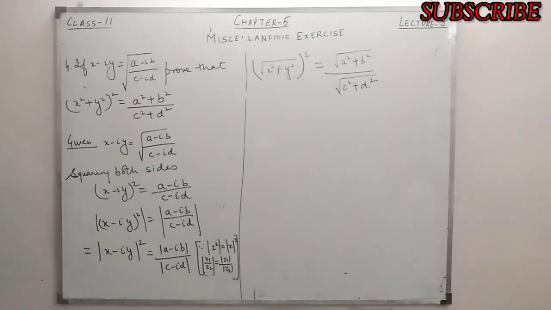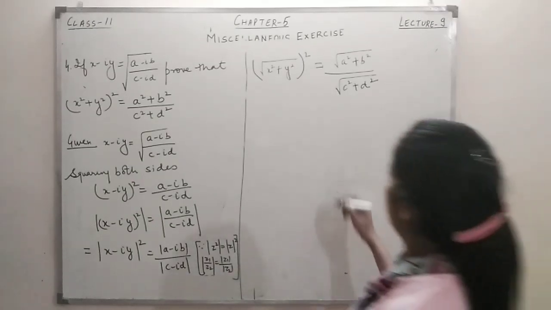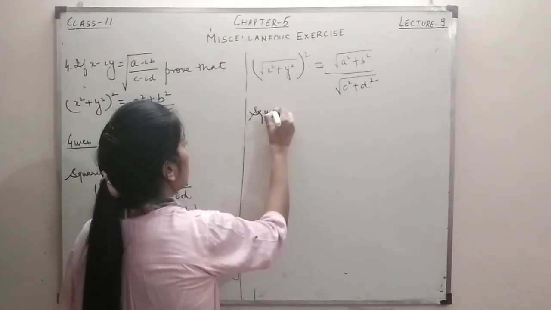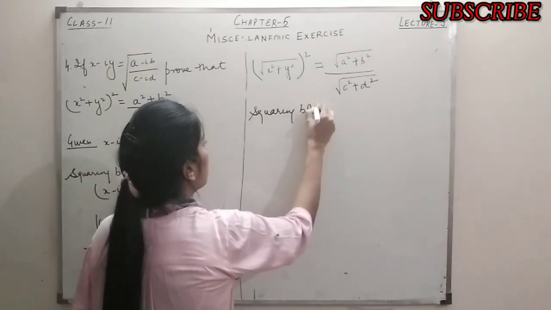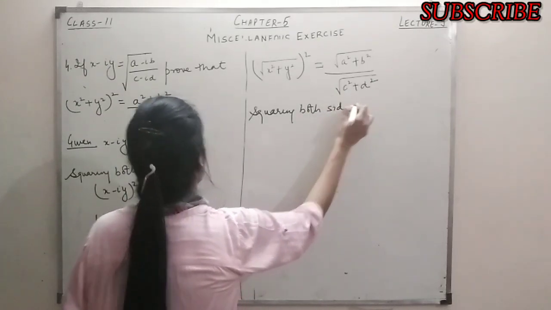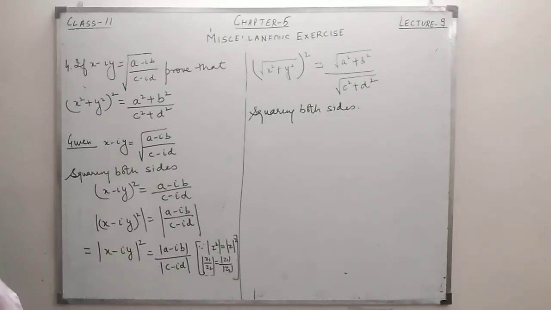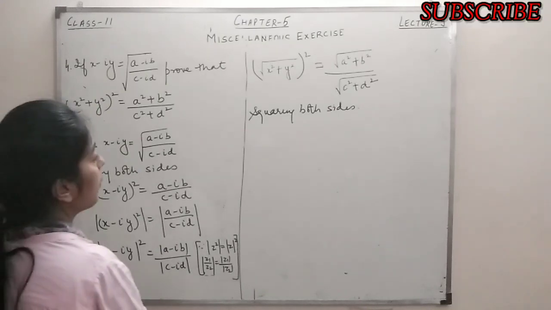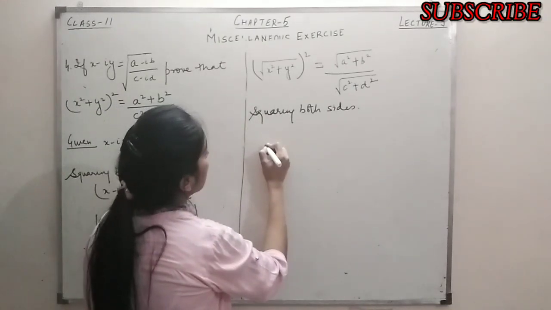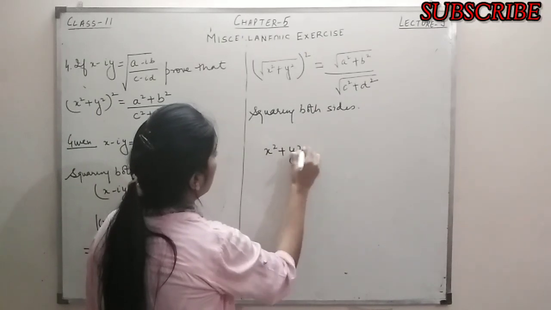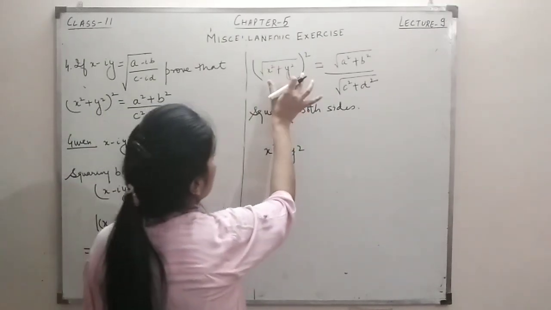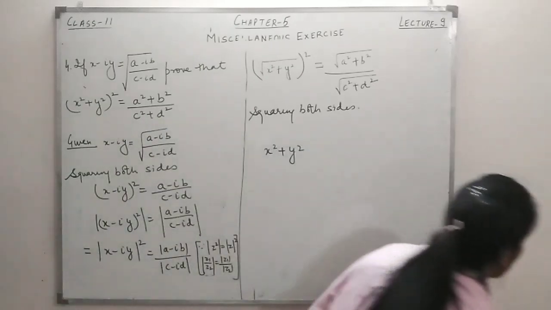So what do we do here now? If we do squaring both sides, what do we have? That is x square plus y square. Okay, first of all we can write it as square root of x square plus y square.